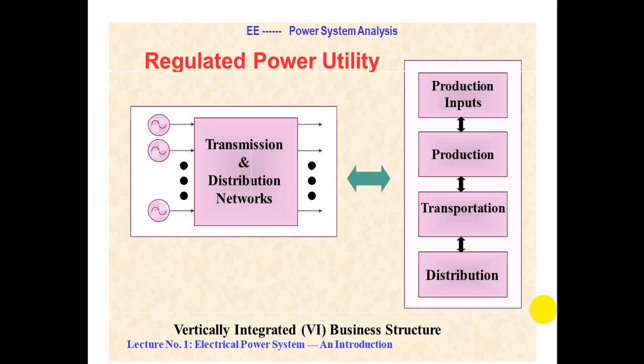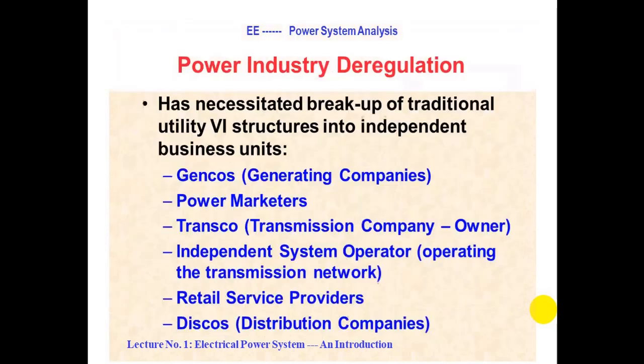Everything should be individually tackled and individually taken care of. And in the deregulated structure, we have necessitated the breakup of traditional utility structures into independent business units. Generation should be independent, transmission should be independent, distribution should be independent, so that they have more authority and more chance of growth.